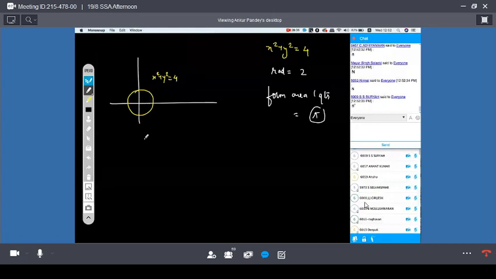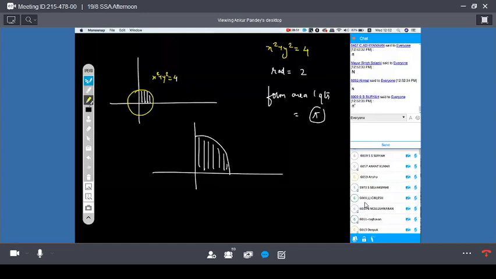Now, understand this. He said, okay, sir, let's calculate the area. Sir, as we zoom in, we see this. Can you see that? We see that x is varying from 0 to 2.